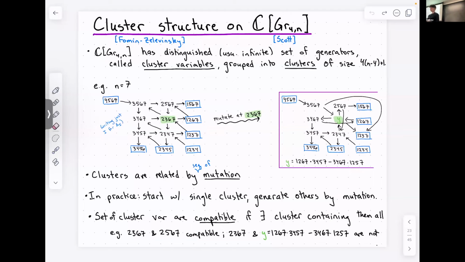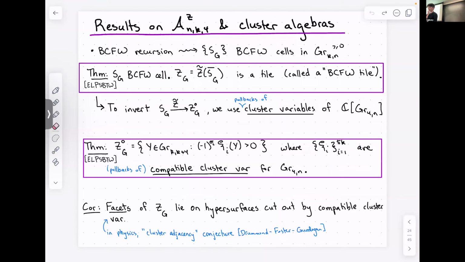The other thing you need to remember is that a set of cluster variables is compatible if there's a cluster containing them all. And again, there's usually not a good way of checking this except finding such a cluster. Okay, so that's a brief review of cluster structure. Everyone is good? Okay, let me return to the results I want to discuss.